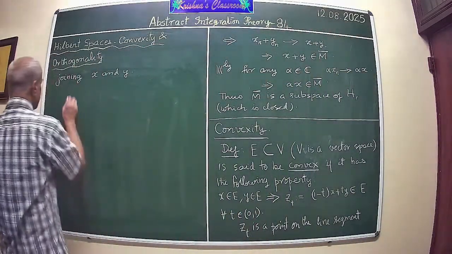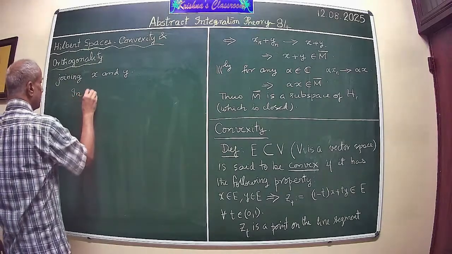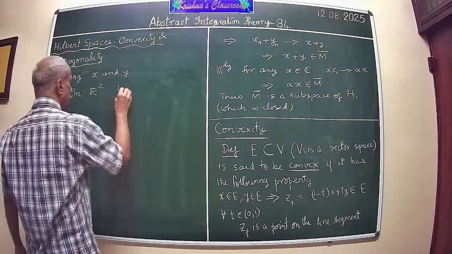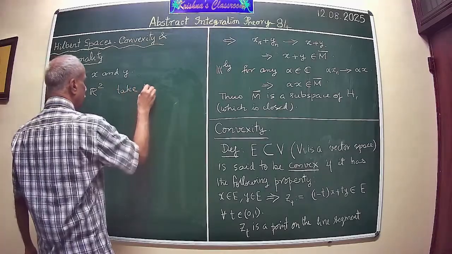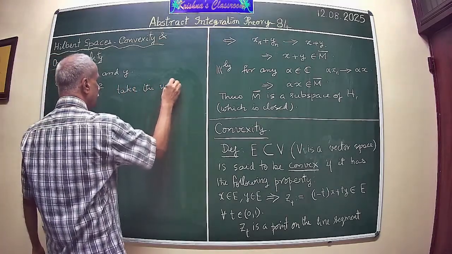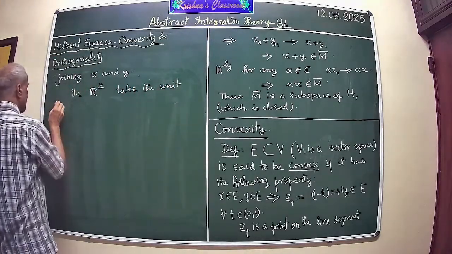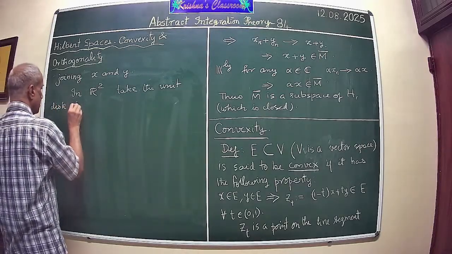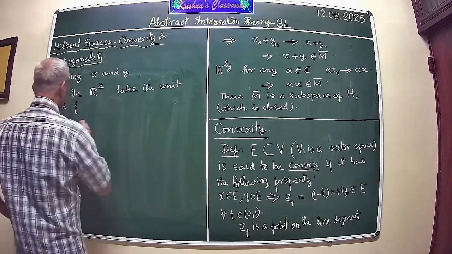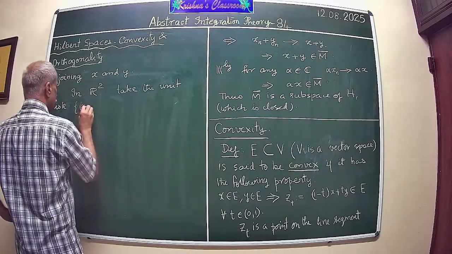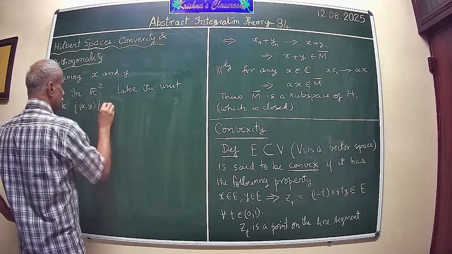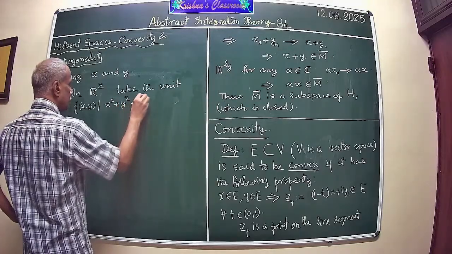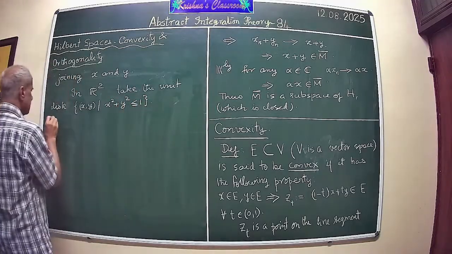You take in R2 the unit disk. This is convex.